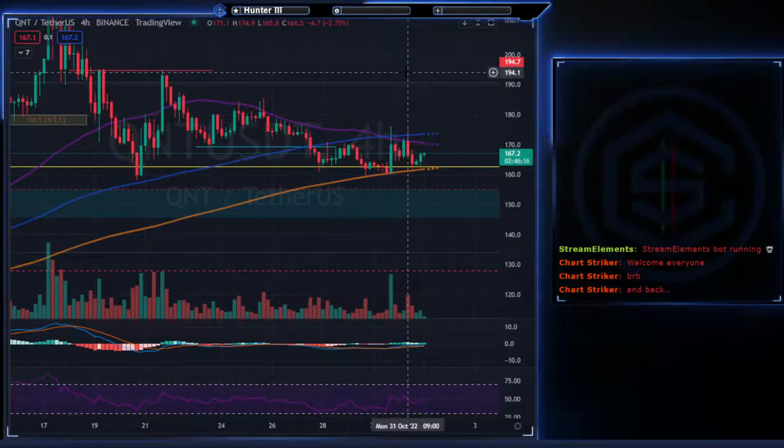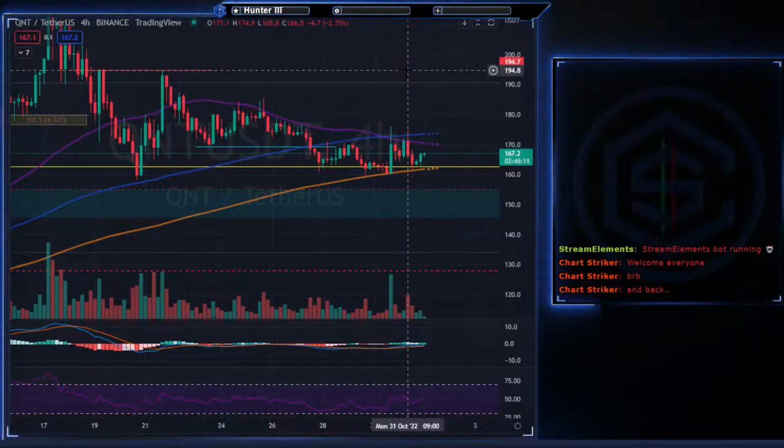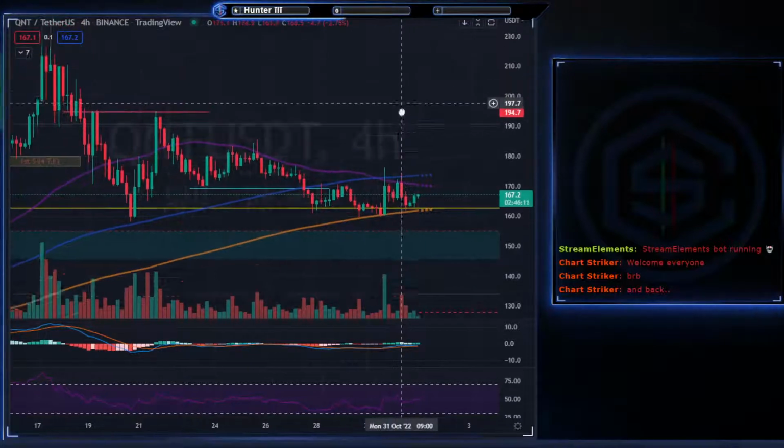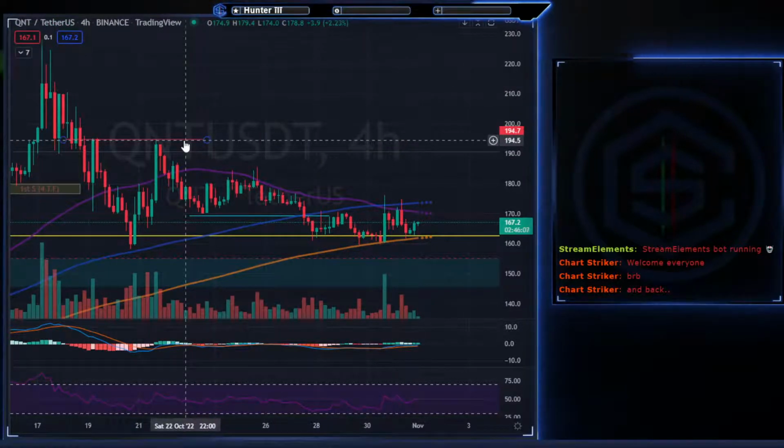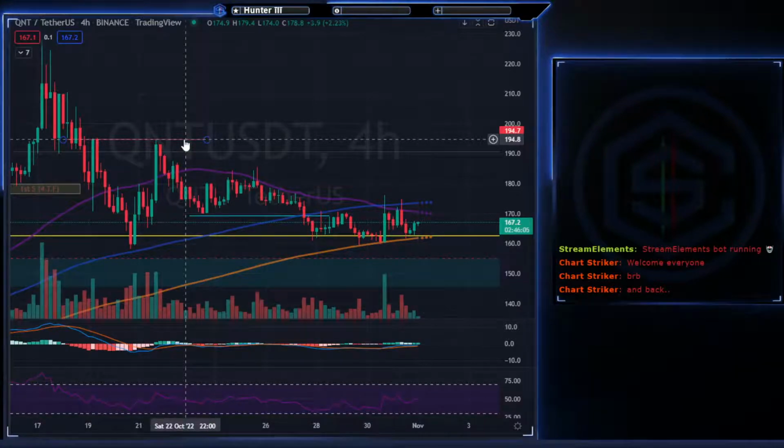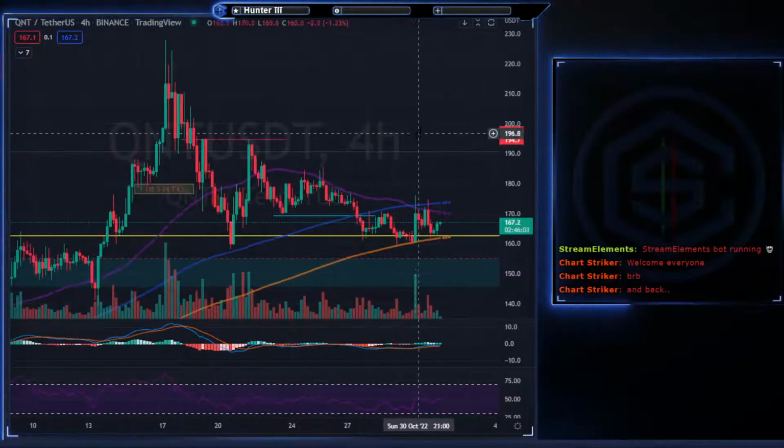But the major level we have to break above to go a bit higher is, you see this red line? Just follow it. $194, all right?